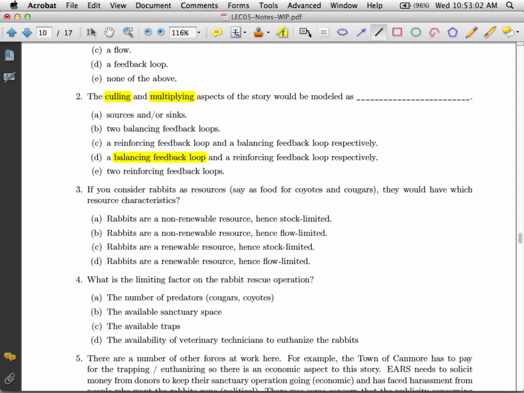And multiplying would be associated with a reinforcing feedback loop. So the rabbits are multiplying. Connect those bits up there. So that was what we were looking for in that particular question.